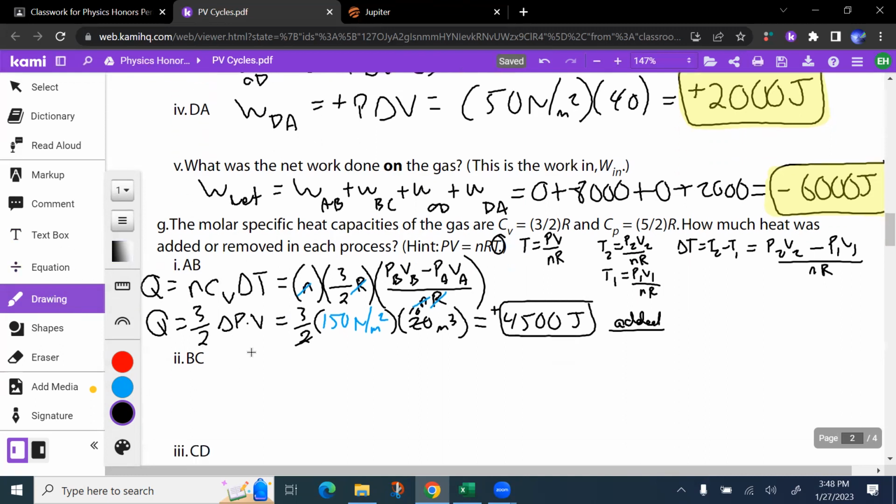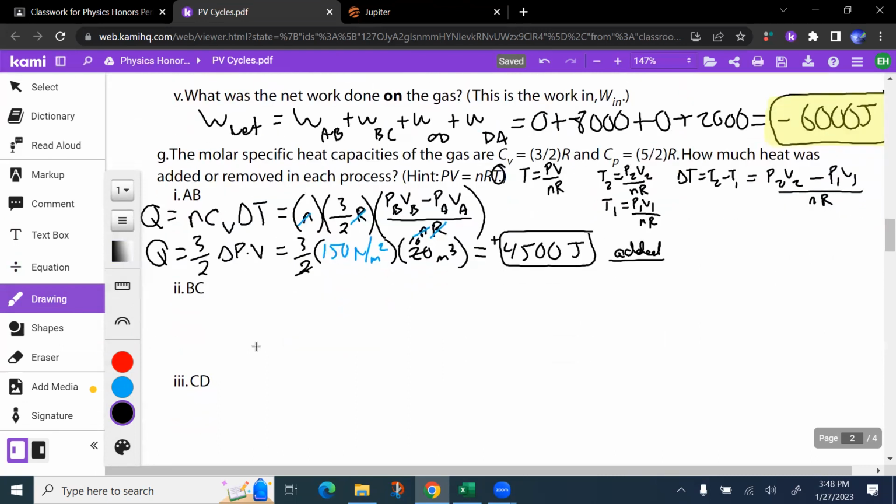Now part 2, B to C, was the same idea, but now it's isobaric, because now the pressure stays constant. So how does this one work?